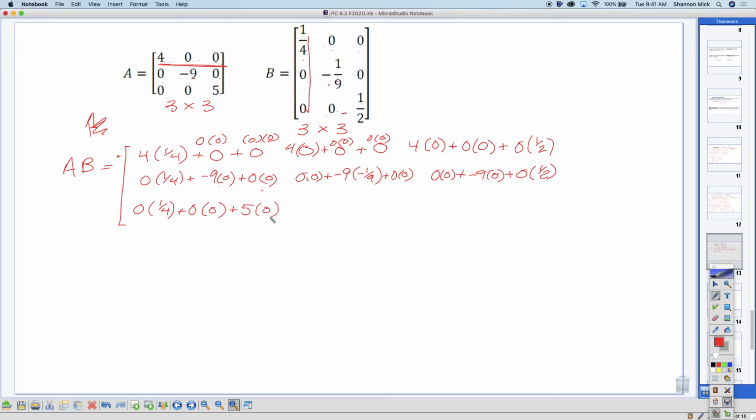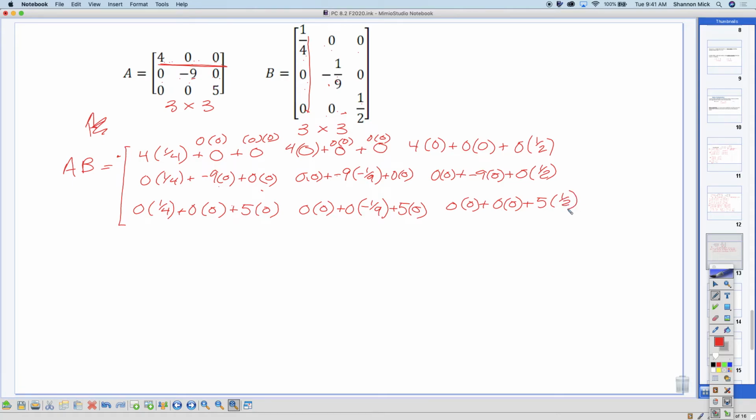Then the third row times the second column. So 0 times 0 plus 0 times negative 1/9 plus 5 times 0. Then I'm going to go to the next column. 0 times 0 plus 0 times 0 plus 5 times 1/2.